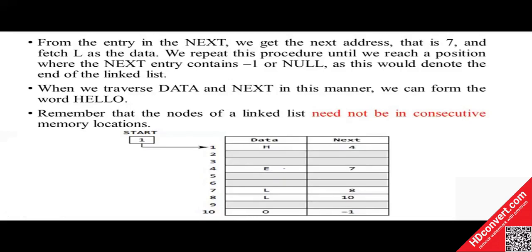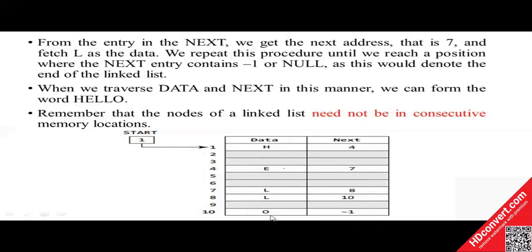After E, I have to move to location 7 to get my third data L. After L, I have to move to location 8 to get my fourth data. After 8, I have to move to location 10 to get my fifth data.